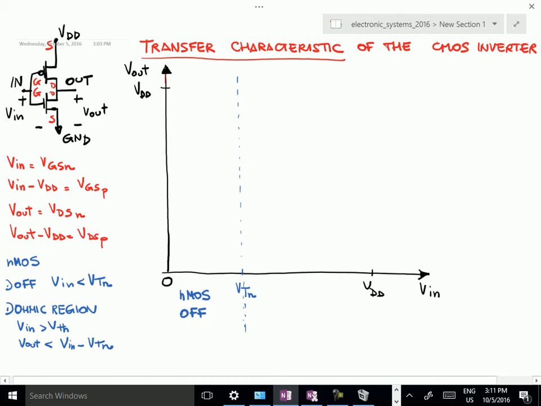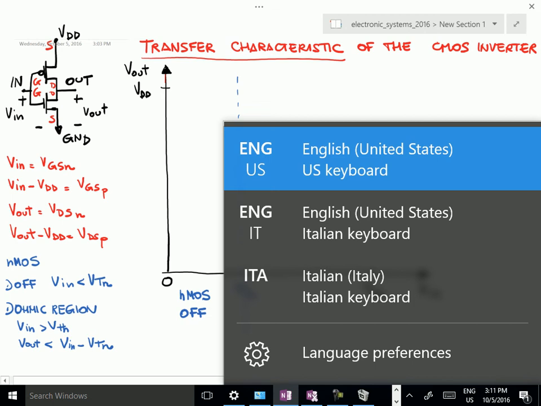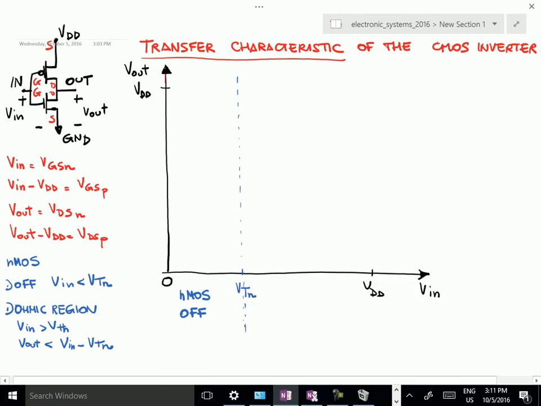This is a line which has a slope equal to 1, and Vout is 0 when Vin is equal to Vtn. So this is a point through which the line passes, and the line has a slope equal to 1.